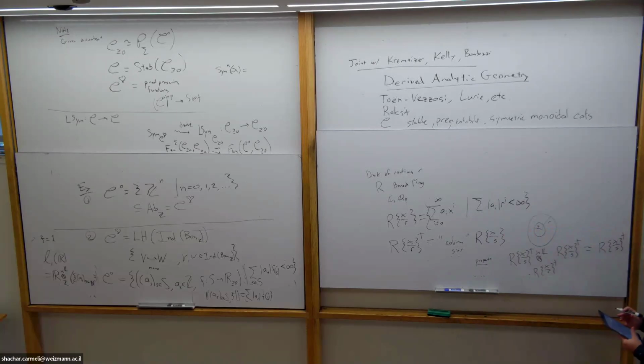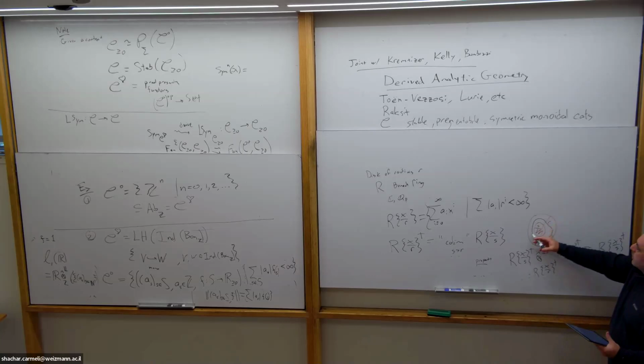But the crucial thing is that the map is not flat. So this is where analytic geometry and algebraic geometry take a huge turn. Because you see, I could tensor with something supported on an annulus here, and I would get 0, because they're not even touching, right? If I take an annulus here and tensor with the functions there.